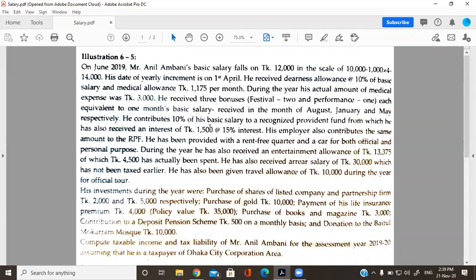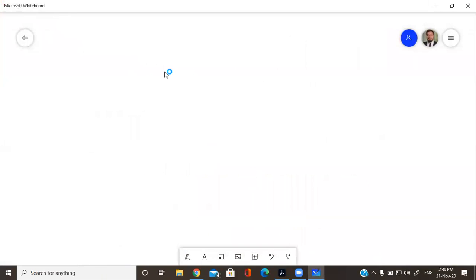So first of all, you see that this person, our associate name is Mr. Anil Ambani. I will try to show you how we can solve this kind of problem in your exam, and also we will check how we need to write it for tax purpose.